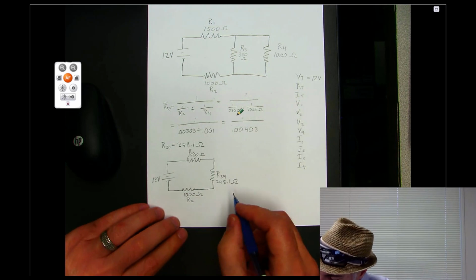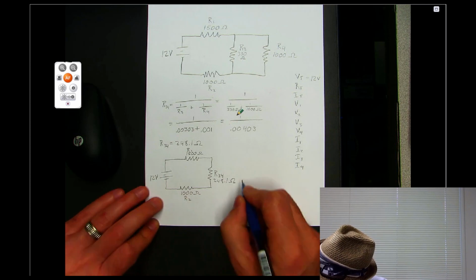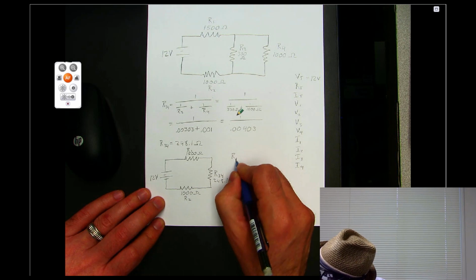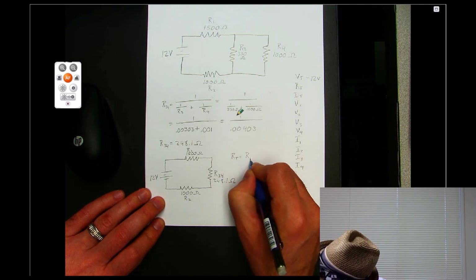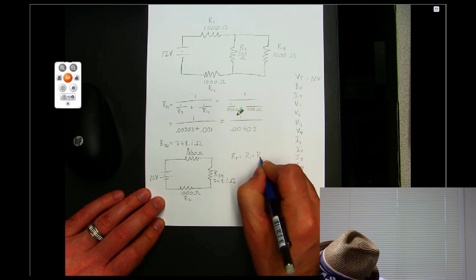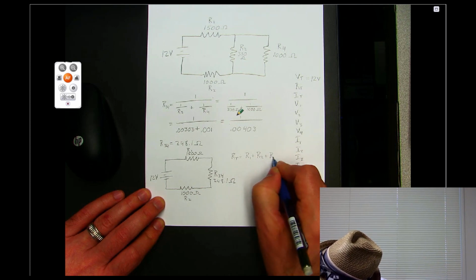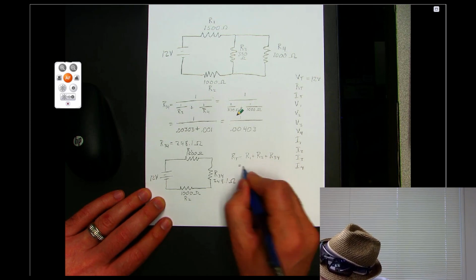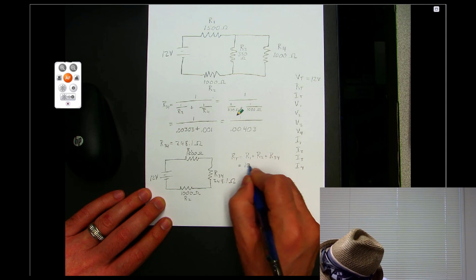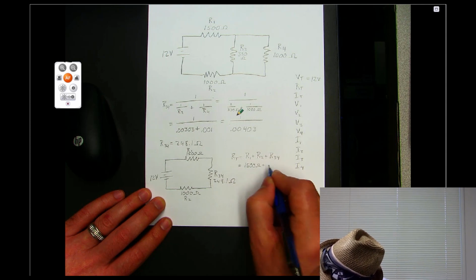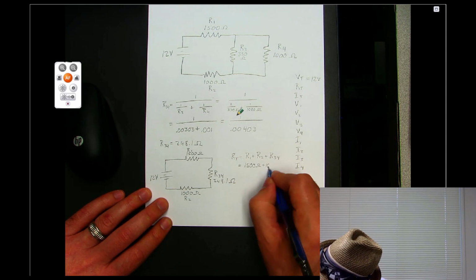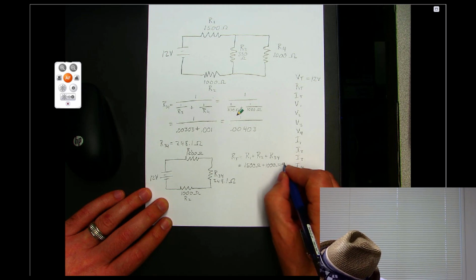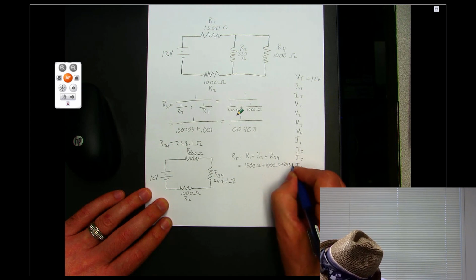So then we would say R total equals R1 plus R2 plus R34. And then we add those all up. So R1 is 1,500 ohms, and then R2 is 1,000 ohms, and then R34 is 248.1 ohms.